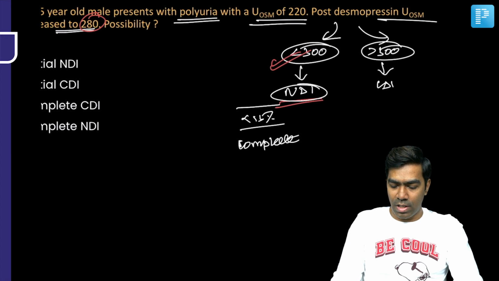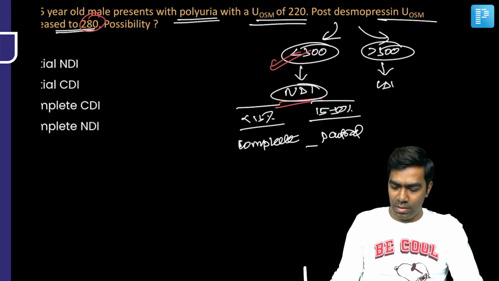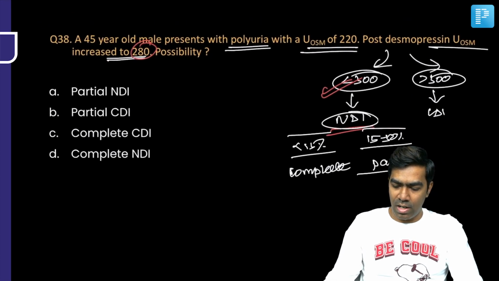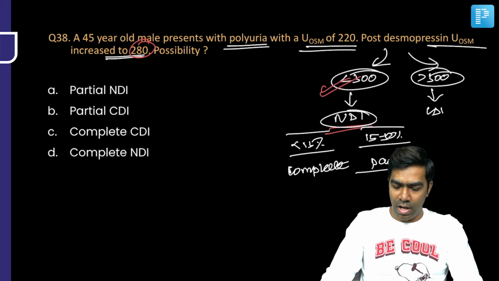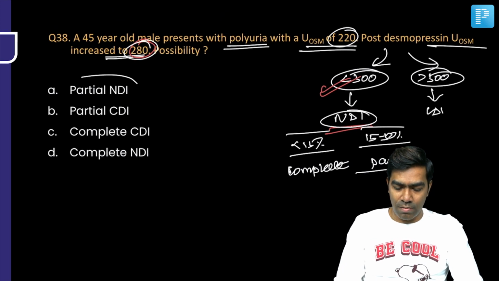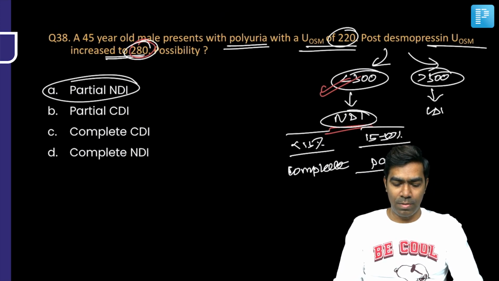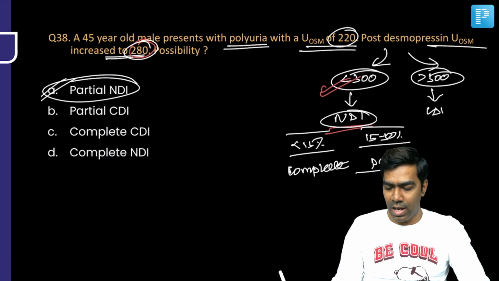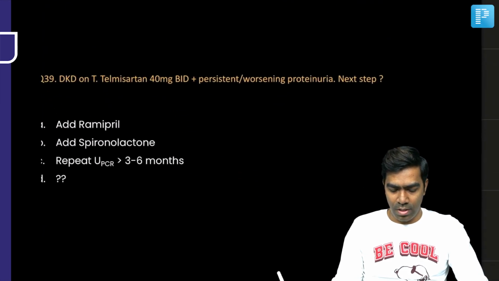If it is in the range of 15 to 50%, it is suggestive of partial nephrogenic diabetes insipidus. You can see that it's increasing from a value of 220 to 280. So it's definitely more than 15%. So the right answer for this question will be partial nephrogenic diabetes insipidus. So option A will be the right answer for this question.